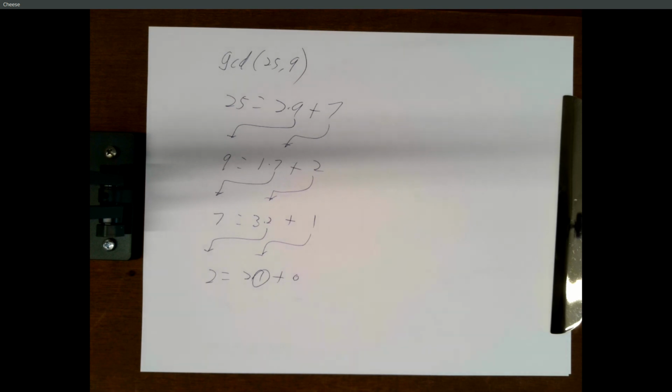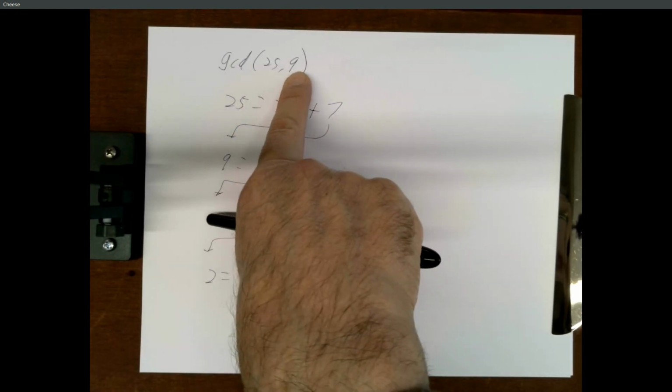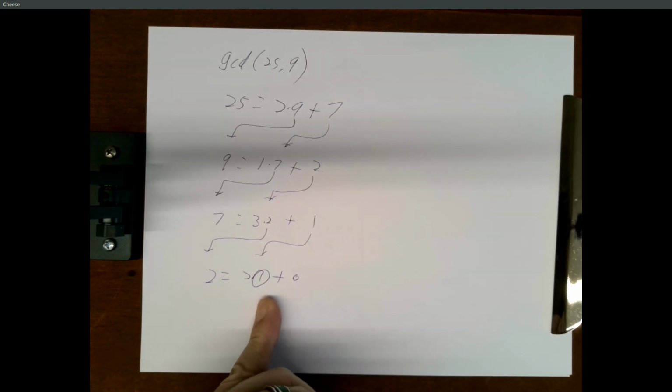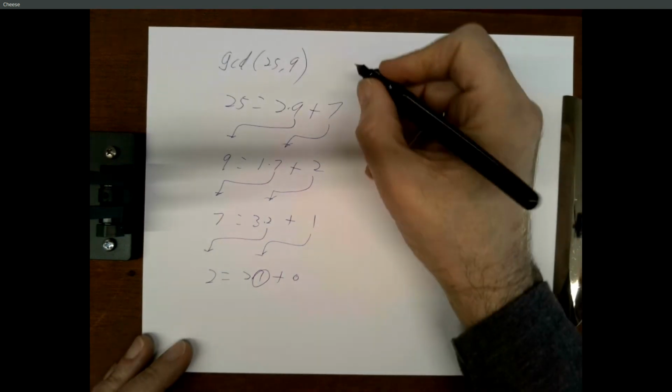So when the GCD is 1, it means the largest thing that divides both of these numbers is just 1. And certainly if these numbers are prime, we know they're not divisible by anything except themselves and 1, so the GCD will be 1. But here we have two numbers that are definitely not prime, but their GCD is still 1. Okay, so there's a term for this.